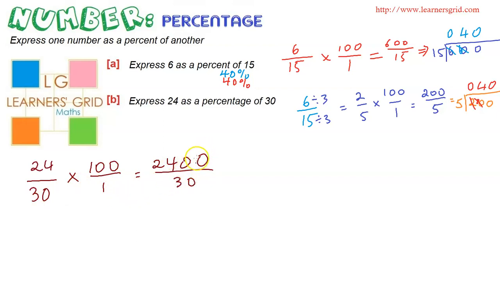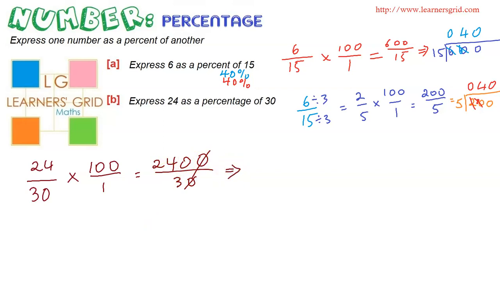At this stage, I can see zeros on the end of both numbers, the numerator and the denominator. So I'm going to get rid of them. If I get rid of this 0, I've basically divided by 10, right? So 30 divided by 10 is 3, which is what I have left. So I just do the same up here. 2,400 divided by 10 is 240. Great.